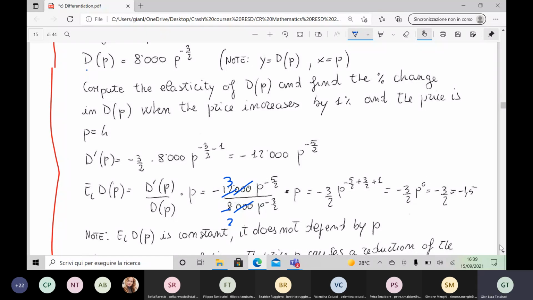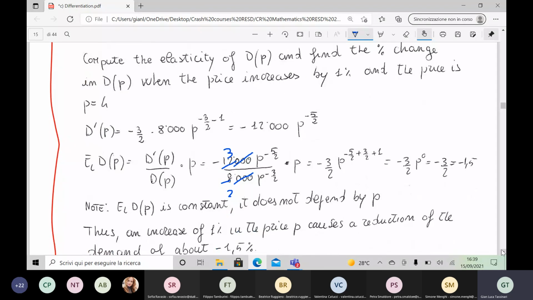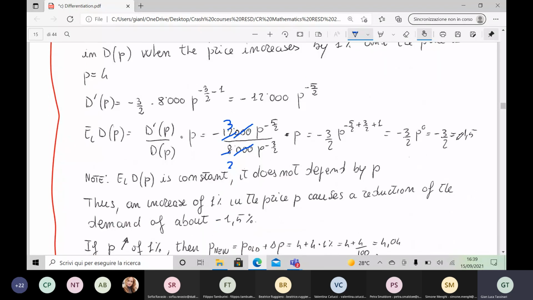Did I use the information 4? No. Why? Because by computing the elasticity, I simply got the information that independently by the current price, if you increase the price of 1%, the estimated change in the demanded quantity is minus 1.5%.